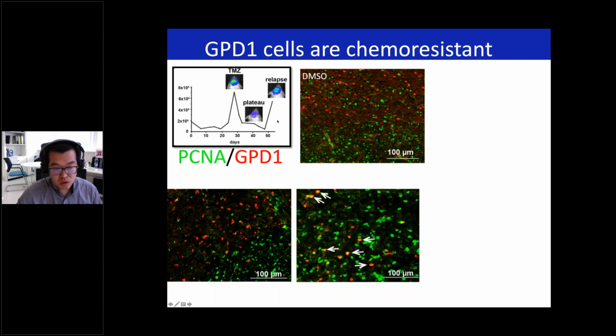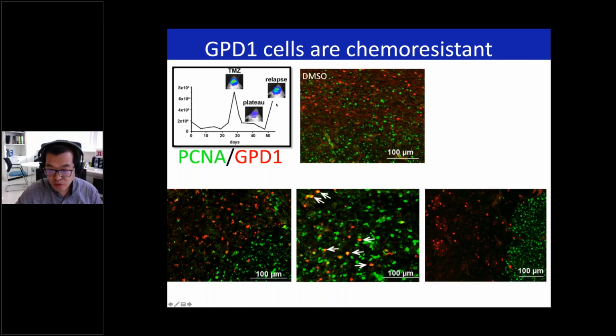It's only when the tumor is relapsing that you start to see these cells express PCNA. We basically confirmed the same thing with the BrdU experiment during the same treatment. And once it has really reached the regrowth plateau, again we see the original pattern.